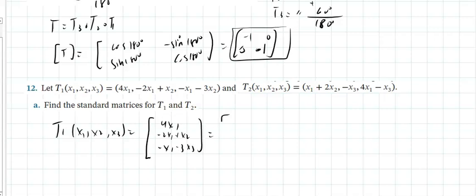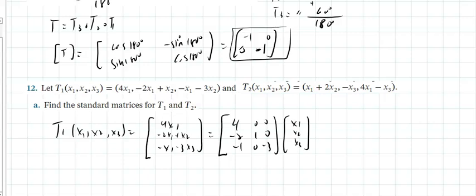Or simply the matrix for that would be 4, 0, 0, negative 2, 1, 0, and negative 1, 0, negative 3, operating on x1, x2, x3. Oh, that's x2, not x3.